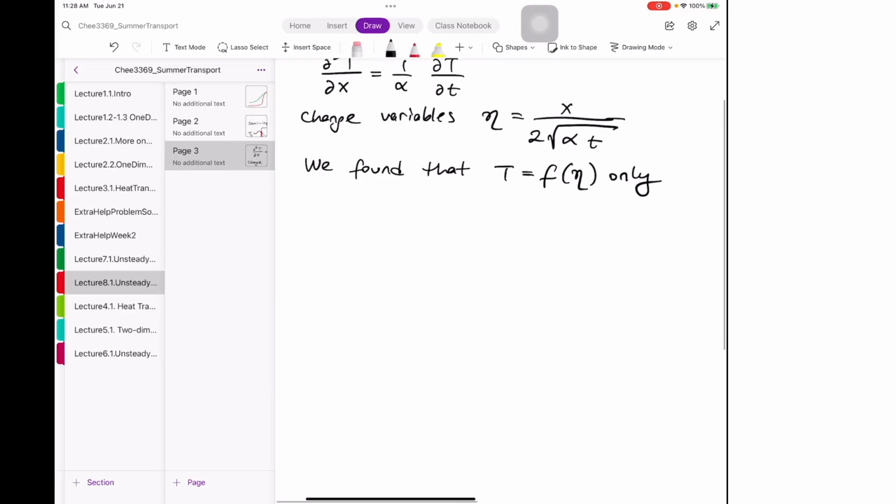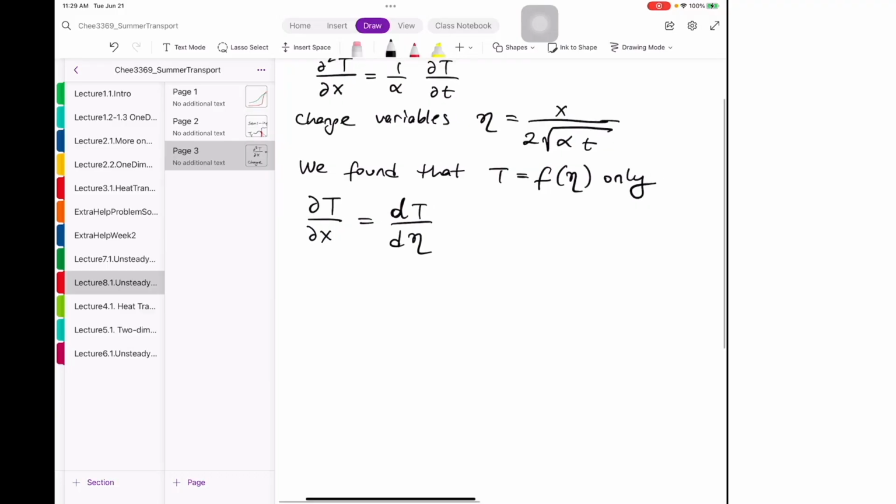Now let's find out del T over del x. We know that T changes with eta. You can write it dT over d eta, but it's not a partial derivative anymore. It's a total derivative because it changes with eta but nothing else. But eta changes partially with x, right?